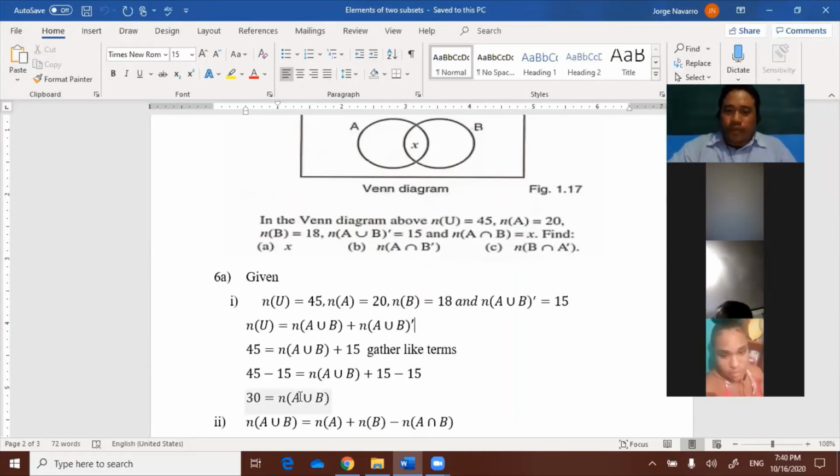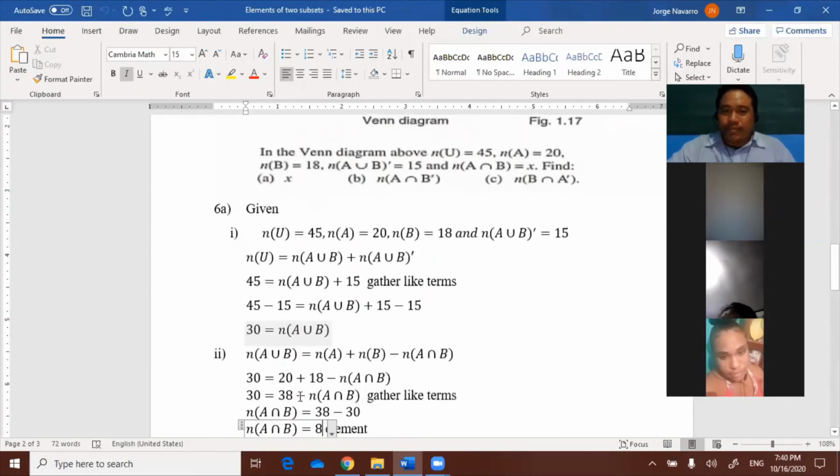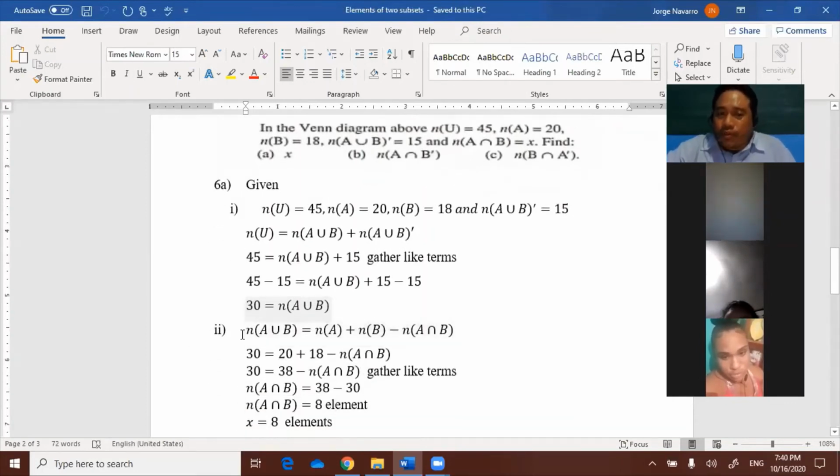Equation 2 now. So I know that within the bags, which is the number in A union B, is equal to the number in A plus the number in B minus whatever they have in common. So I know that within the bags, I calculated 30.